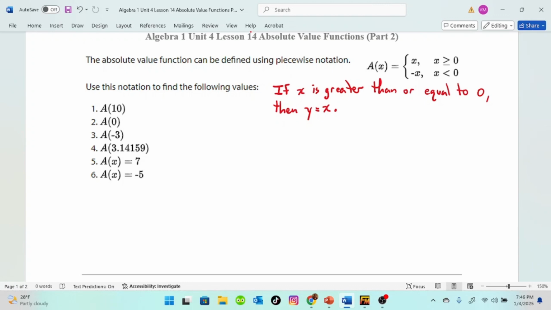The bottom rule says if x is less than 0, then y equals negative x.